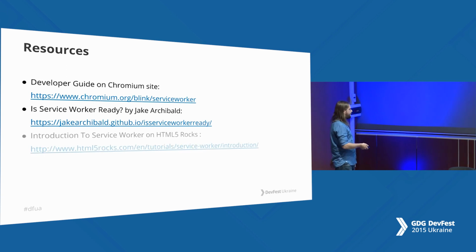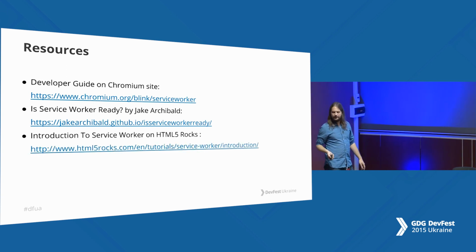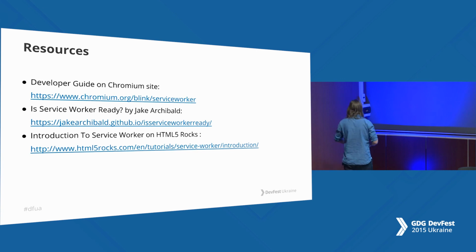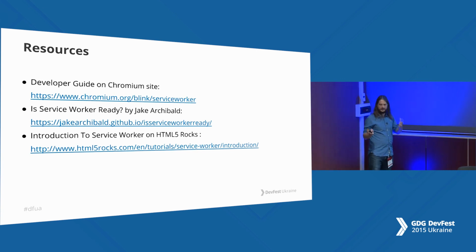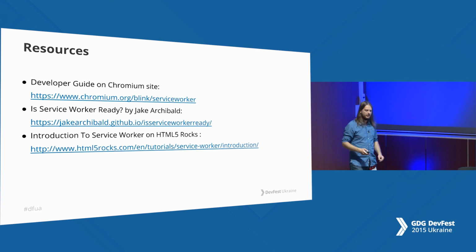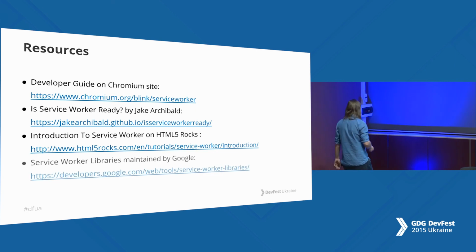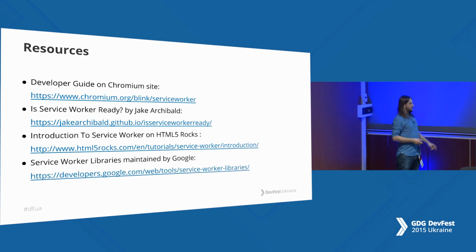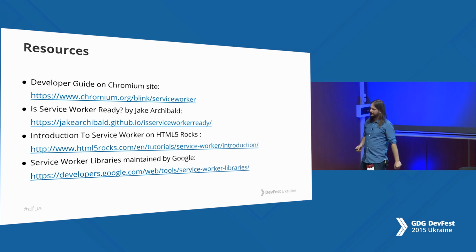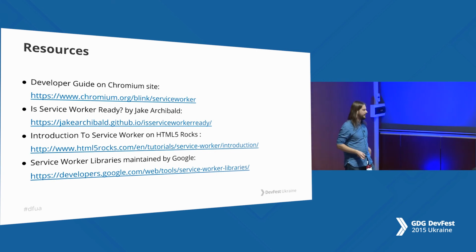And the introduction on HTML5 Rocks is a completely outstanding article. It's really huge and it's worth reading. And the last one is a really nice link: service worker libraries maintained by Google.